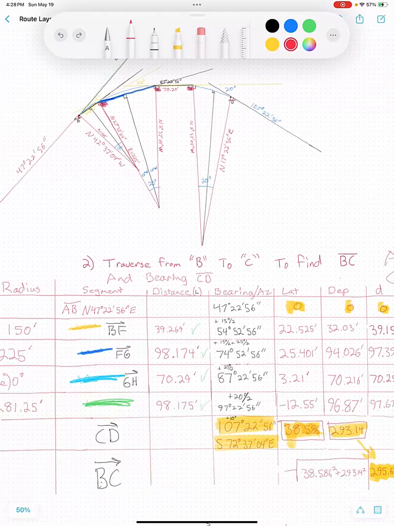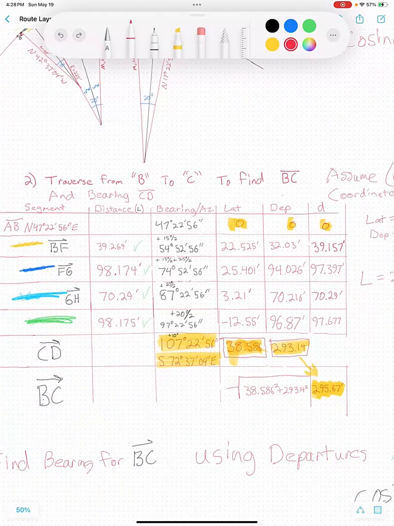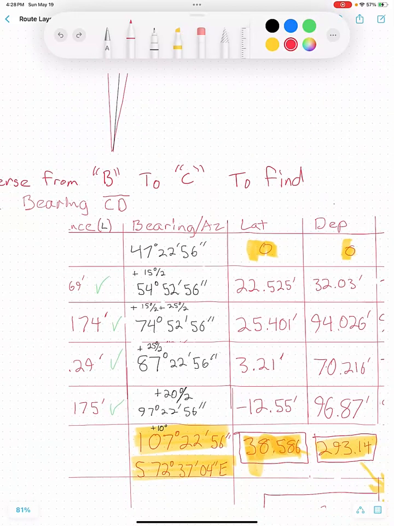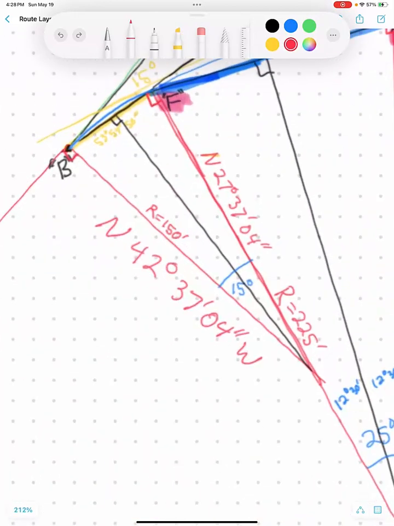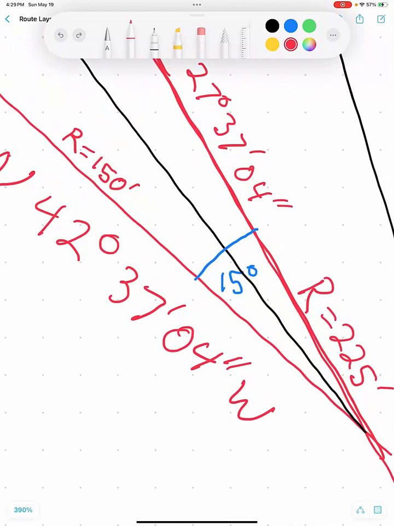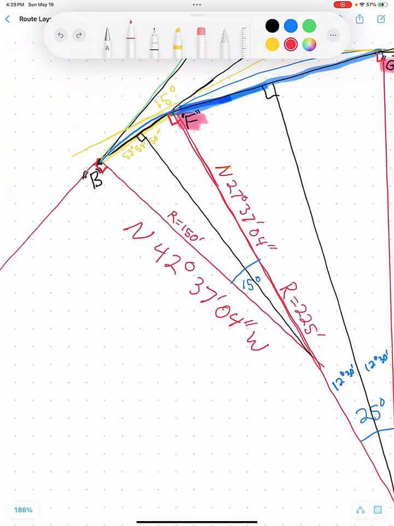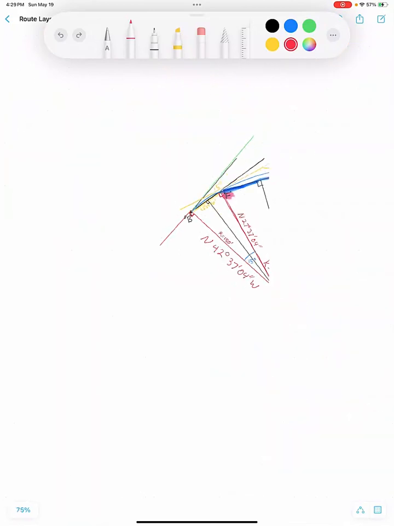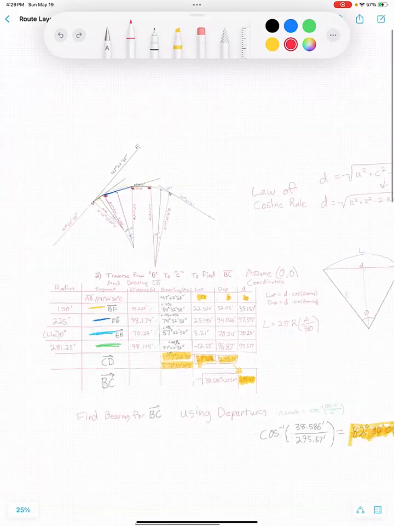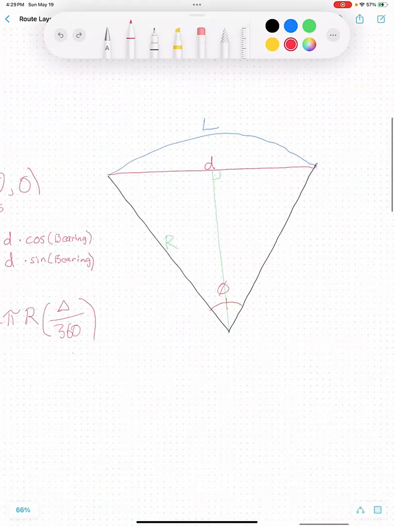Okay, so the next part is, again, fairly tricky. We started with that bearing of 47, 22, 56. And we know that the perpendicular line that bisects that arc length is basically half of that 15 degrees, right? So we were given that 15-degree delta. But that C line, coming back over here, and I drew this out so you could see that, we have this angle and we have that distance.